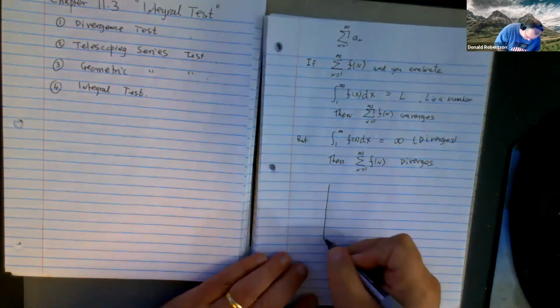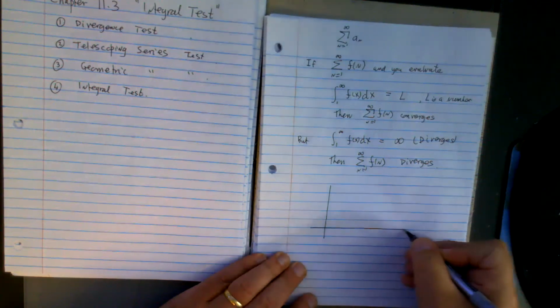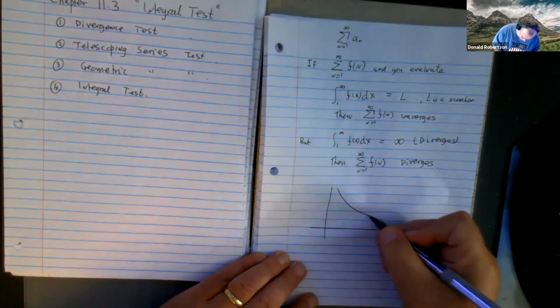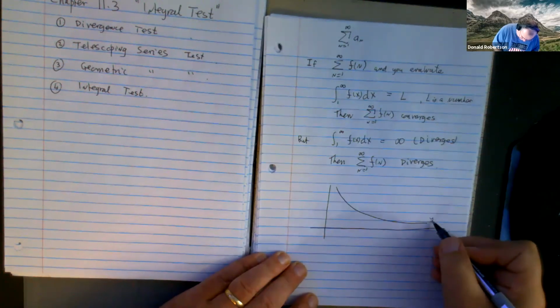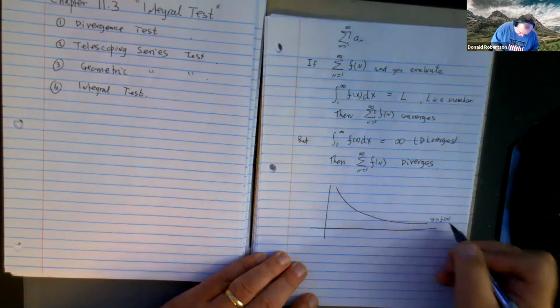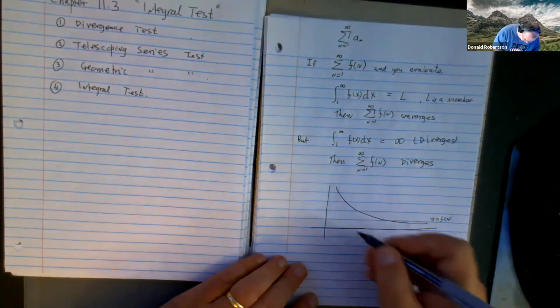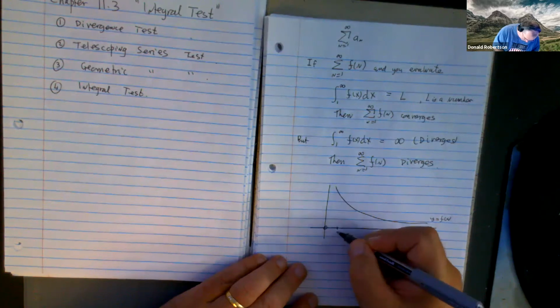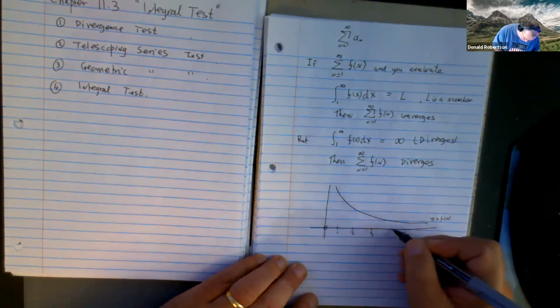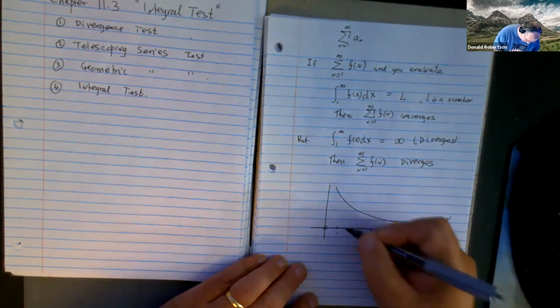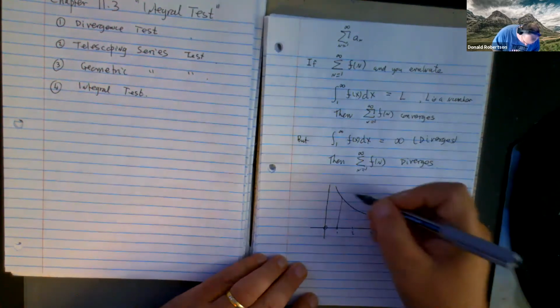This isn't a proof, but it's a kind of pseudo proof. Can you imagine I've got some function called y equals f of x. If I was doing a series 0, 1, 2, 3, 4, 5, well, we'll be starting at 1, right?